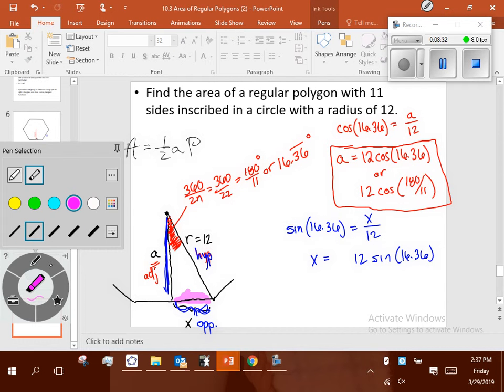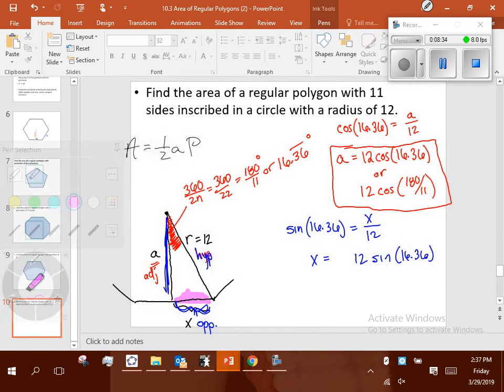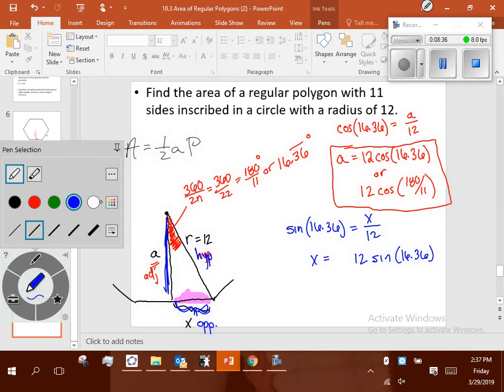What do I need to do with that number to get a side length? I need to double it. So let's put 2 times that out in front here. What would I then need to do with that to get my perimeter? Times it by 11, so I'll put that out in front. Does that make sense? So that's doubling it and then multiplying it by 11. Now, which of these numbers? This is a number, that's a number, that's a number. Those are all rational numbers, right?